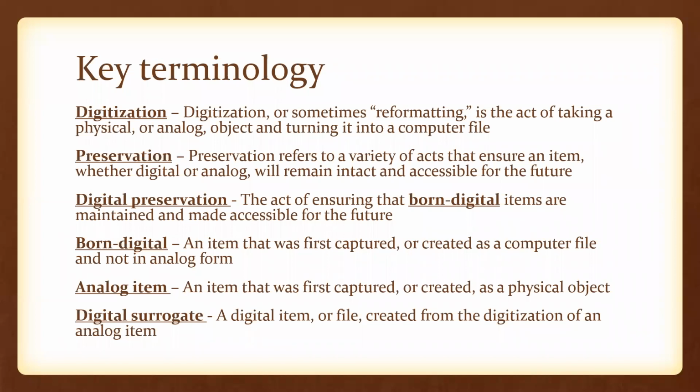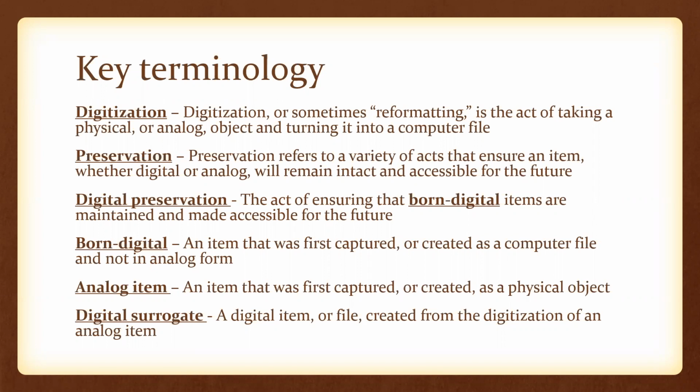It's an item that was first captured or created as a computer file and not a physical or analog form. So digital cameras or word processors will create born digital files, whereas a Polaroid camera or a camera with a film roll or a typewriter will create an analog or physical item first. And then an analog item is just an item that was first captured or created as a physical object.